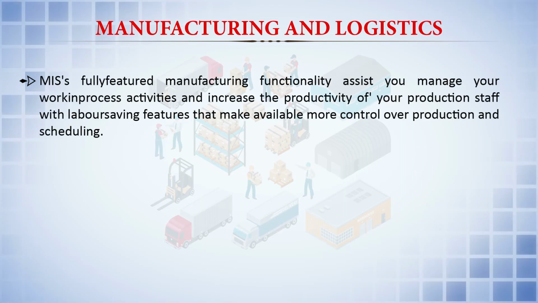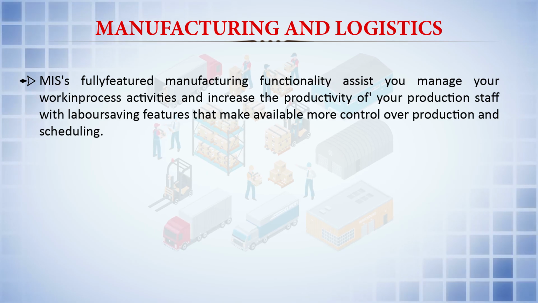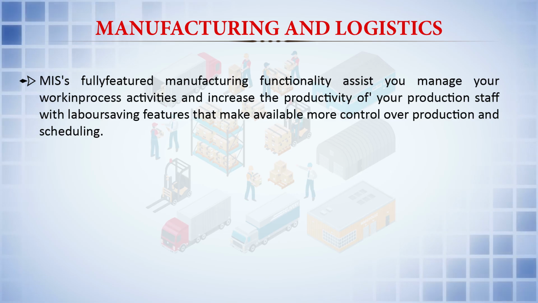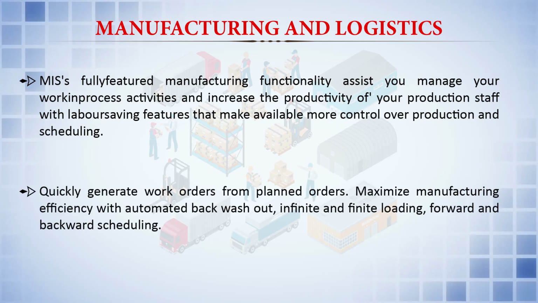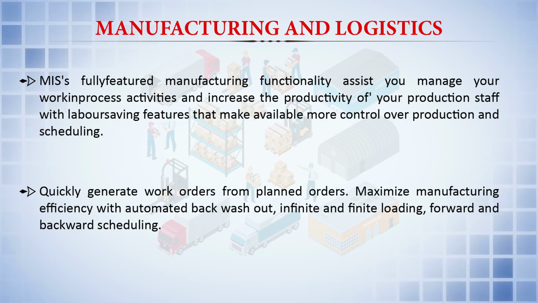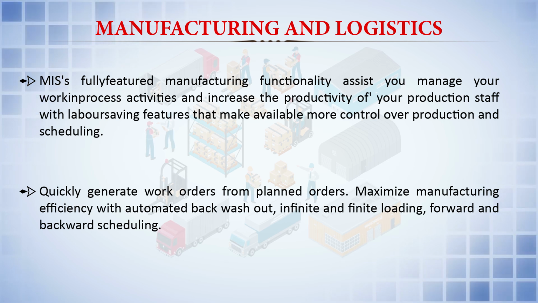Coming to the manufacturing and logistics module, the MIS's full featured manufacturing functionality assists you in managing your work in progress activities and increases the productivity of your production staff with labor saving features, and makes available more control over production and scheduling. Quickly generate work orders from planned orders, maximize the manufacturing efficiency with automated backflush, infinite and finite loading, forward and backward scheduling.